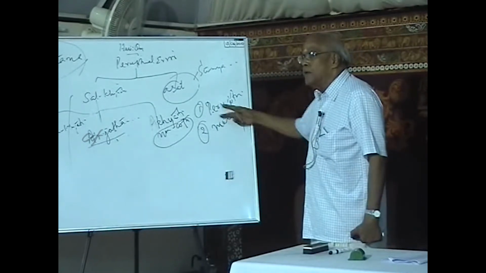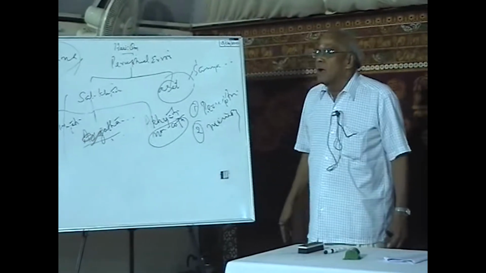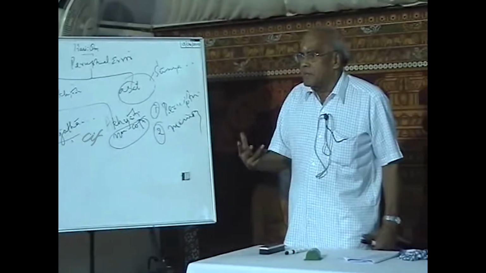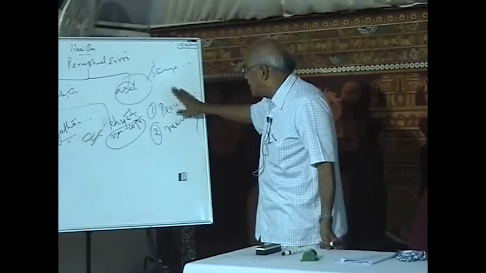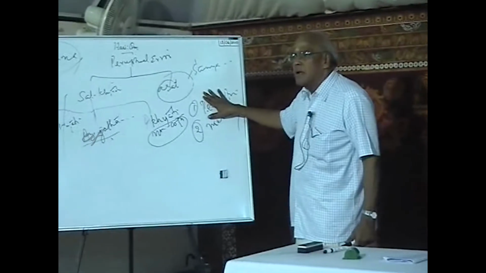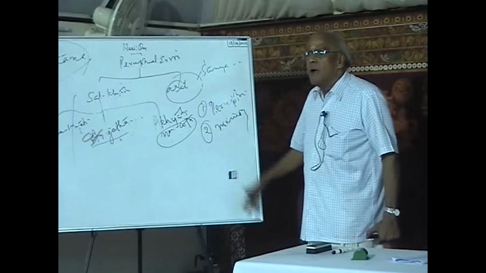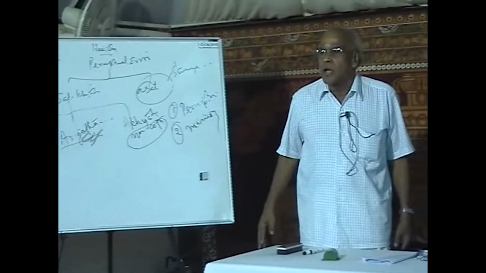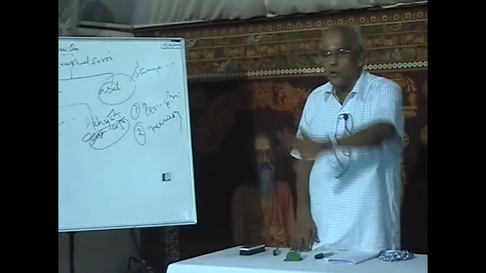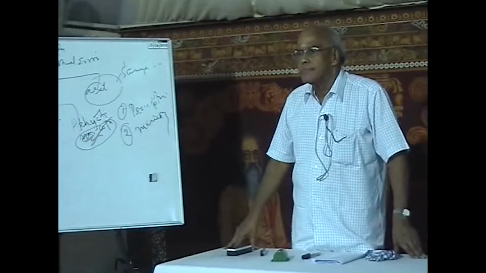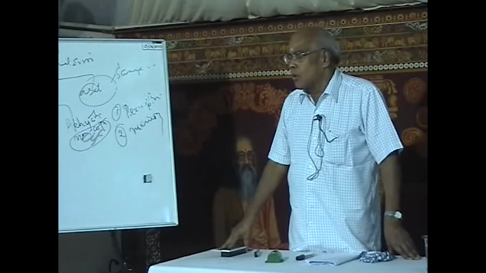And the two incomplete cognitions have been fused together because of not noticing what it is. So, the incomplete aspect of perception has been combined with the incomplete aspect of memory, and therefore there is what is called the so-called error. They say it's not real error, it's only the so-called error. It is called akhyadi.